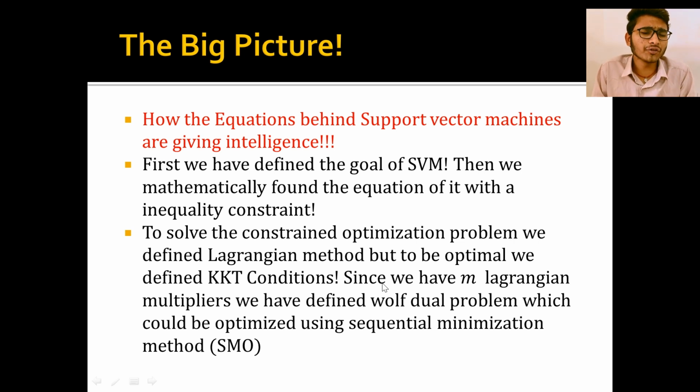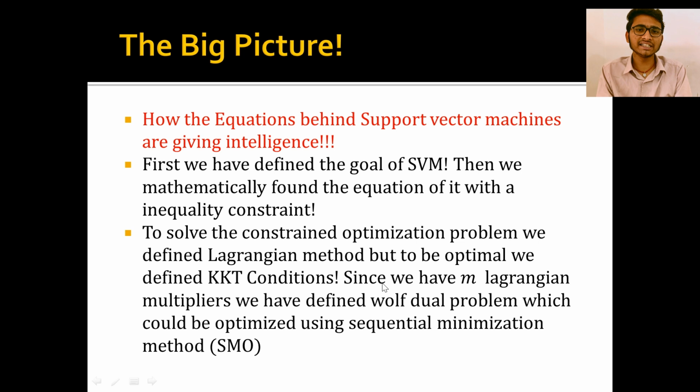But again, we formulated the dual. Why? Because solving two Lagrange multipliers, we got 4 cases. In the last video, you can check, we got 4 cases there. We have m Lagrange multipliers here. How tedious it would be to solve manually. That's why we defined the dual, so that we can use an optimization algorithm. I hope you understood the complete picture.